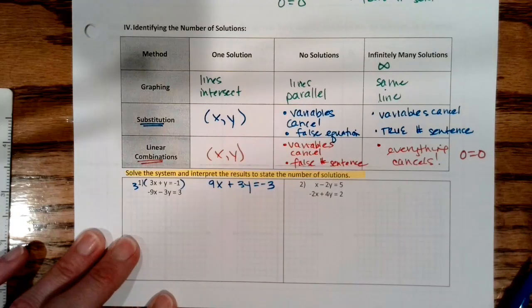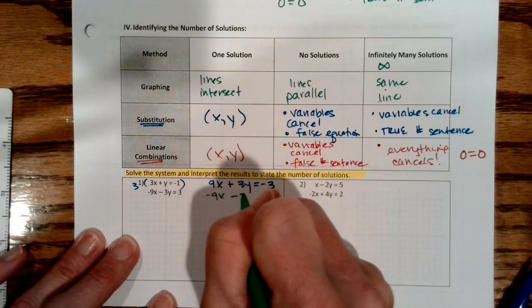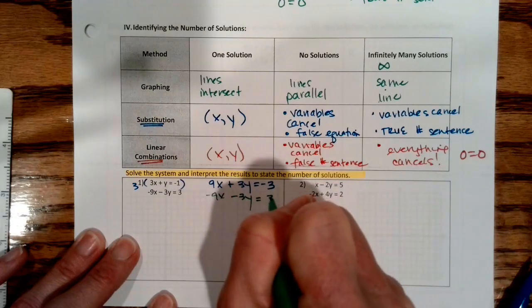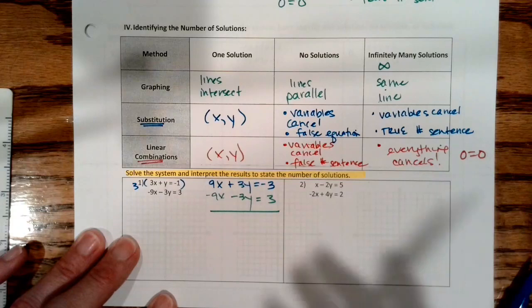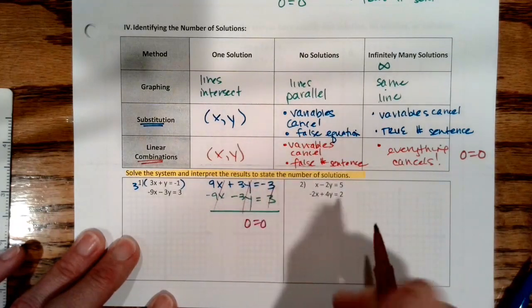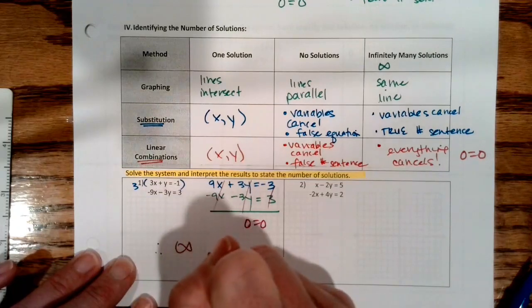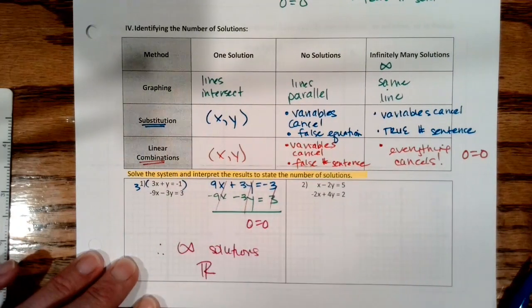When I write my second equation, negative 9x minus 3y is equal to positive 3. Guess what happens? Every single one of these is a 0 pair. Therefore, they're infinite solutions. And we can say that's all real numbers.